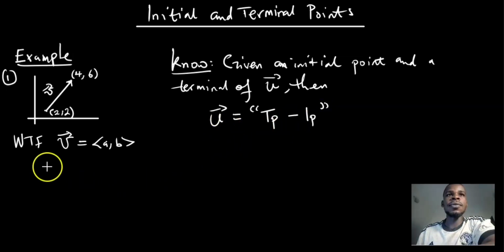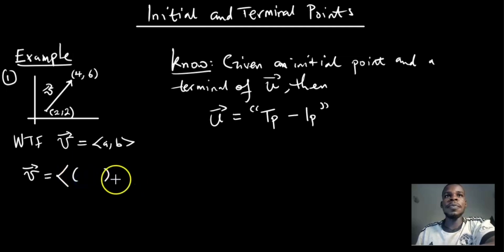Let's see what this will give us, coming back to this example. We know that the final point here is (4, 6). So the vector v will be this point minus this point, and we know how we subtract points. We take the x coordinates and subtract them, and then subtract the y coordinates.